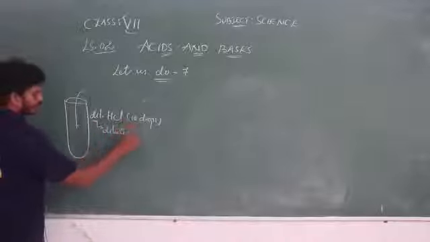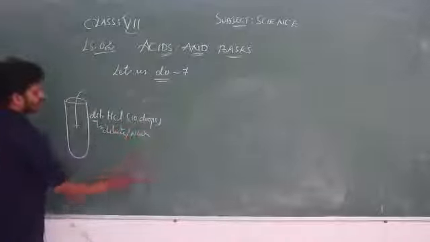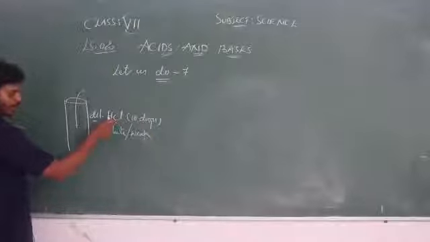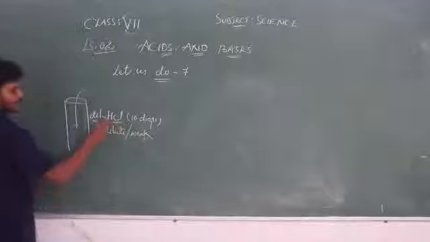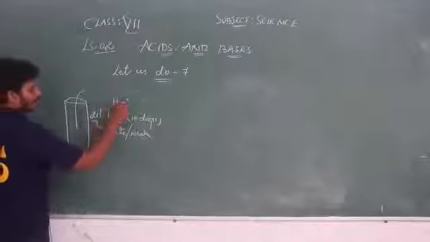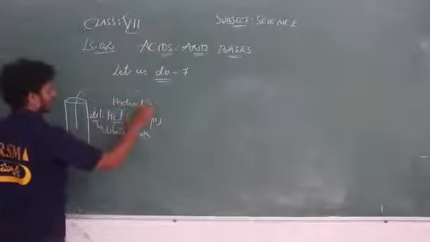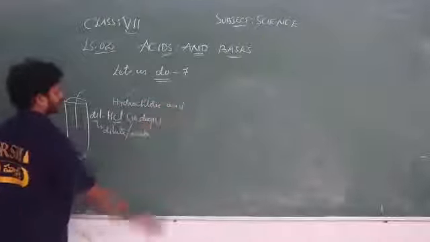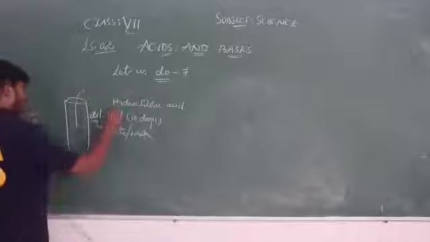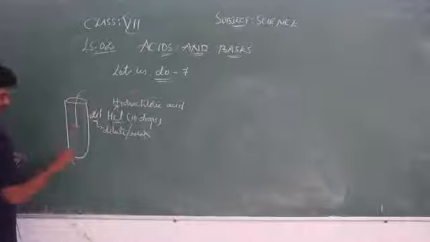Dilute means weak. Weak hydrochloric acid, H-Y-D-R-O-C-H-L-O-R-I-C acid. So 10 drops of hydrochloric acid is added into this test tube.